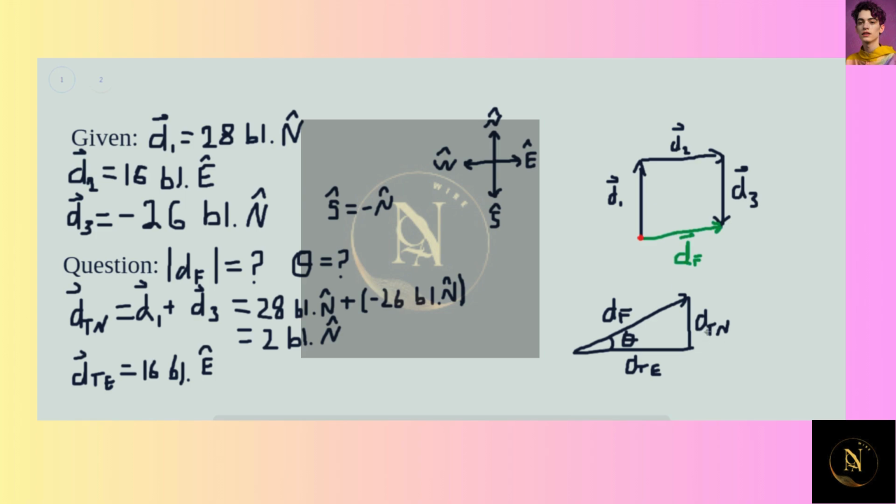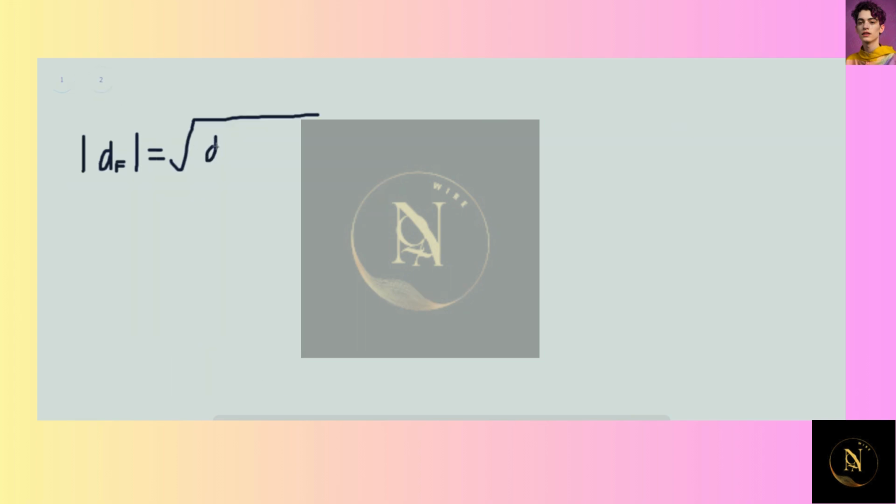So the magnitude of d sub f, which we represent here as these straight lines, is equal to the square root of the square of both sides. Well, if we go back to this previous page, the first side is the total in the north direction, which is 2 blocks. So it's going to be the square of 2 blocks plus the total in the east direction, which is 16 blocks. It's going to be plus the square of 16 blocks. So total in the north squared plus total in the east squared, right?